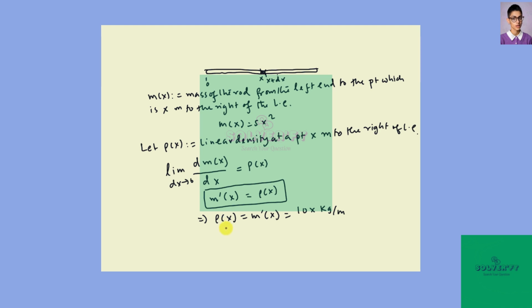This will be the linear density at a point x meters to the right of the left end. Once we have this, we can answer part A, which is the linear density at a point 2 meters from the left end. It will be equal to 10 times 2, which is 20 kg per meter.